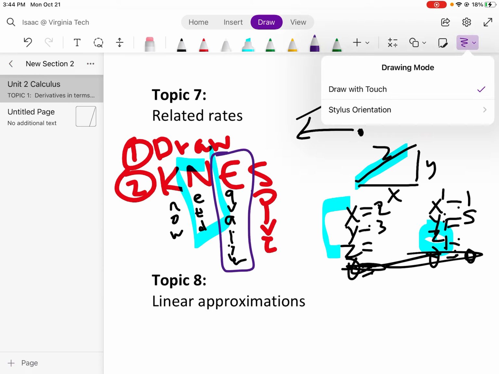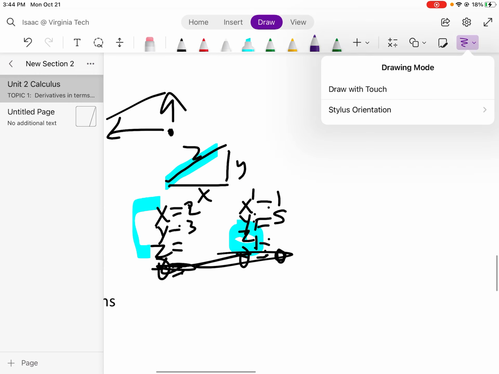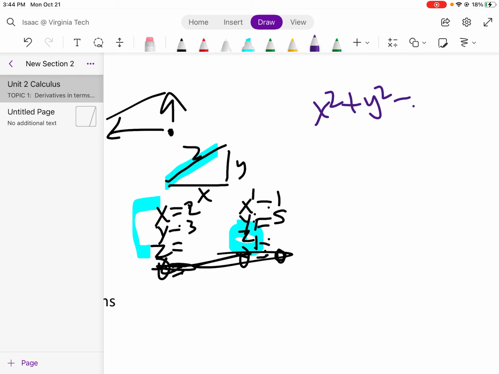Then you solve, and how you would get z prime, in any of these related rates problems, you take the derivative of the formula. So in this case, it would be this. And it's always with respect to time for related rates. Since that's the case, we do d/dt.